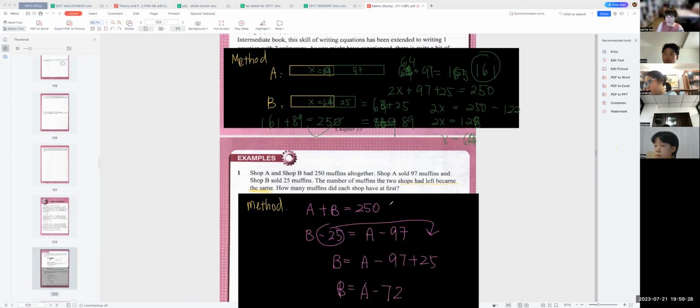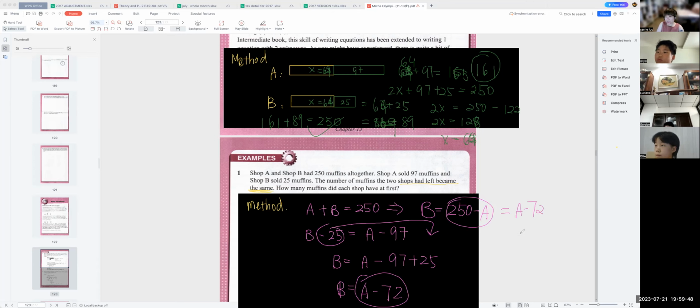On the other hand, for this equation, we can have B equals 250 minus A. So we have these two equations equal to the same thing: B equals 250 minus A, and B also equals A minus 72. So 250 minus A equals A minus 72.